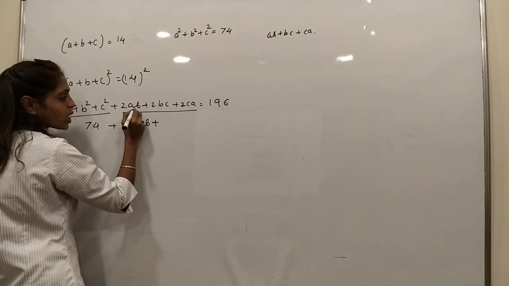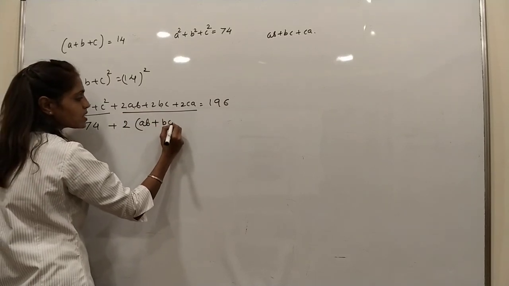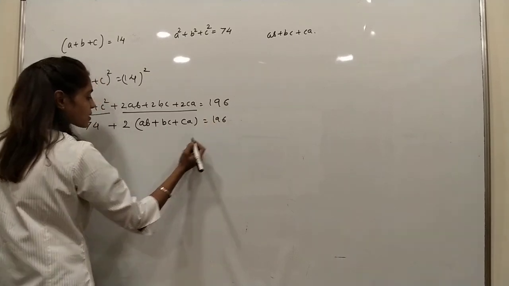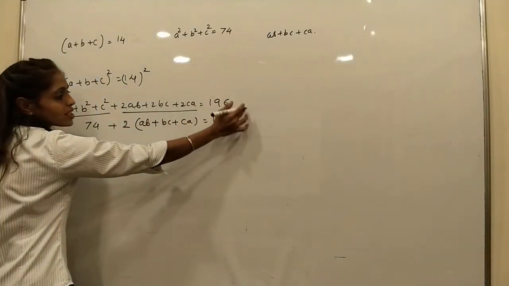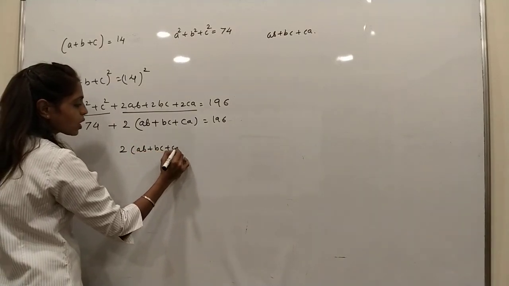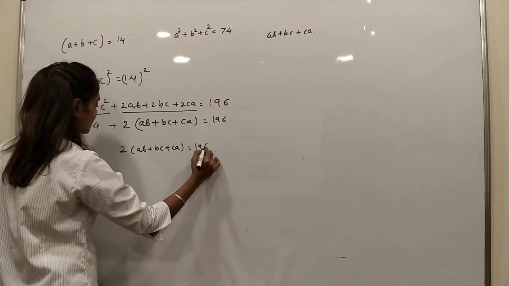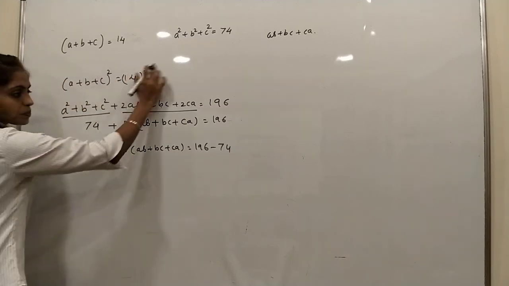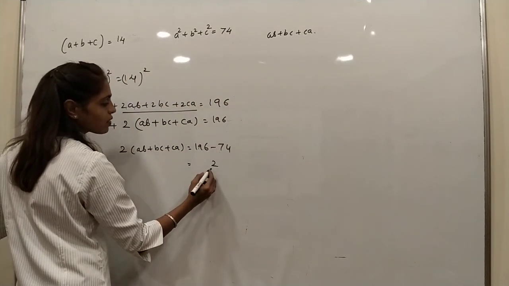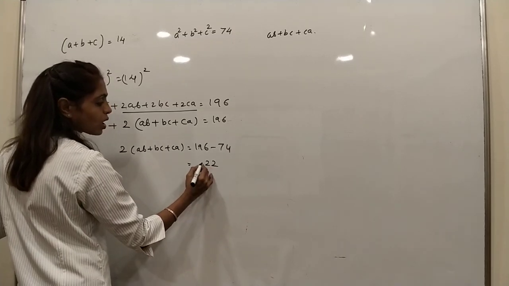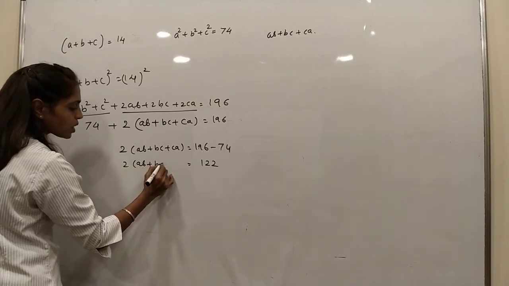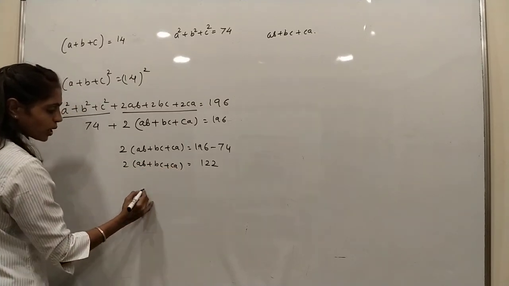2 common, so ab, 2 common, so bc, 2 common, so ca, is equal to 196. So 74 goes to this side and becomes minus: 2 times ab plus bc plus ca is 196 minus 74. 6 minus 4 is 2, 9 minus 7 is 2. So 122: 2 times ab plus bc plus ca is 122.